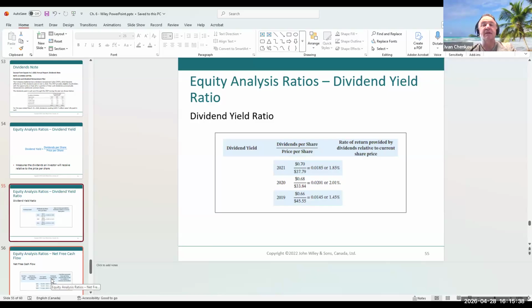If you have to purchase the share, you have to pay on the market 37.79, but you're going to get only 70 cents. So you're getting 1.85%. That's the dividend yield for this company.